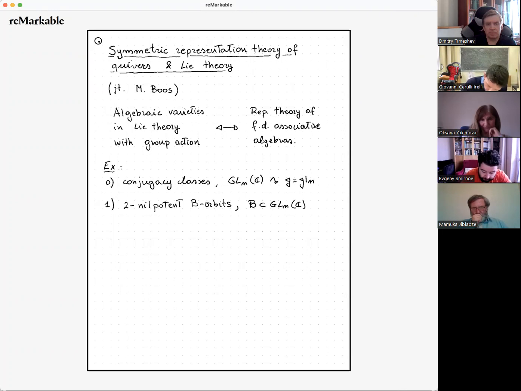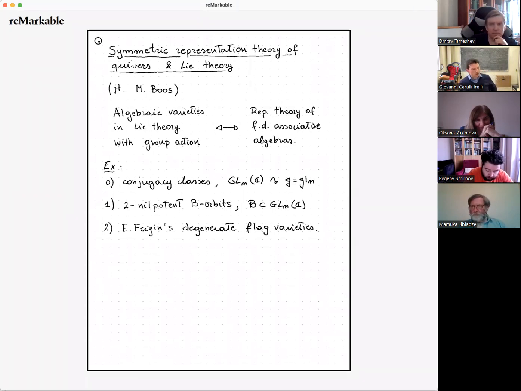And then the third thing that I hope to mention is a connection with the degenerate flag varieties of Evgeny Feigin, and a connection with quiver Grassmannians.